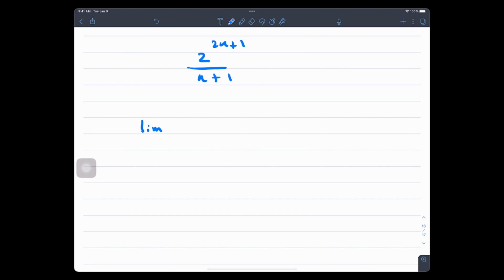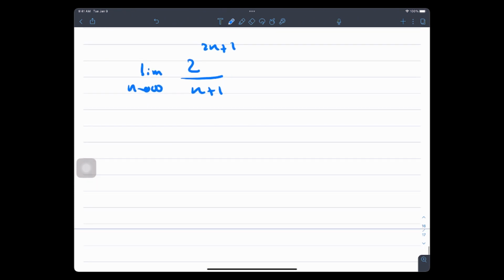So we can do this. We can say the limit of 2 to the 2n plus 1 over n plus 1. What do you guys know about this limit? Anybody know anything about that limit? Isn't that infinity over infinity? Yeah, you're going to have to bring out L'Hopital's rule, which means you change your variable to x.